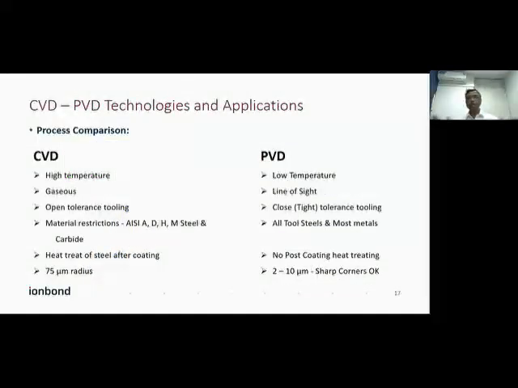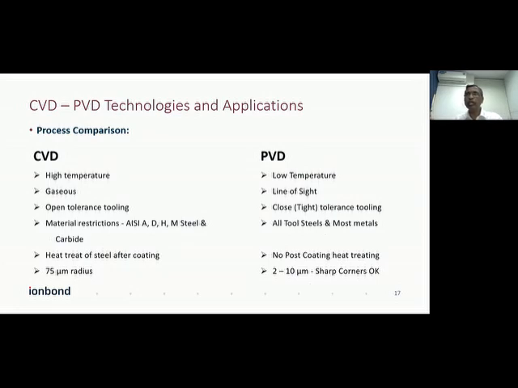If we look at a broad comparison between these two processes, both are equally important for forming thin films. They have their own advantages and disadvantages. CVD is a high temperature process, 1050 degrees centigrade, or nowadays 650 degrees centigrade, whereas PVD is a low temperature process of 200 to 400 degrees centigrade.